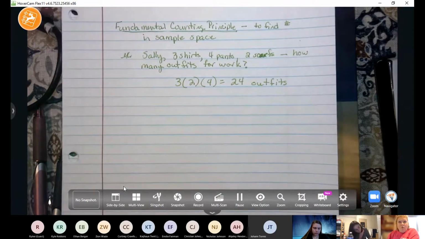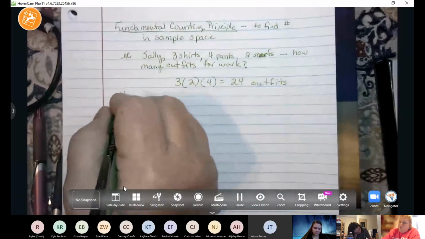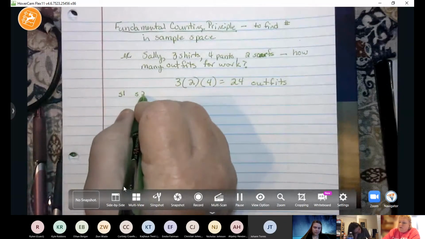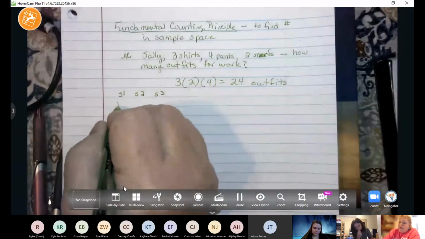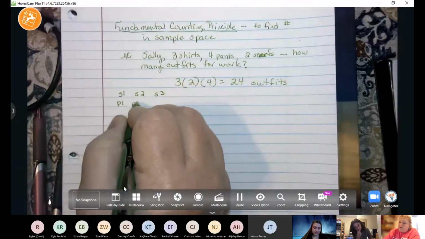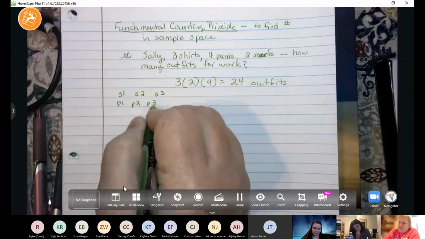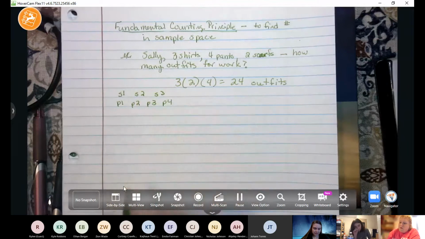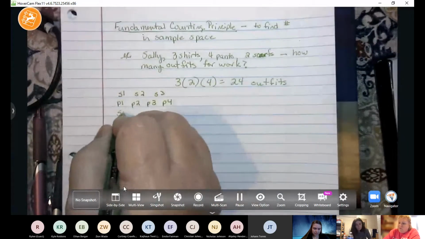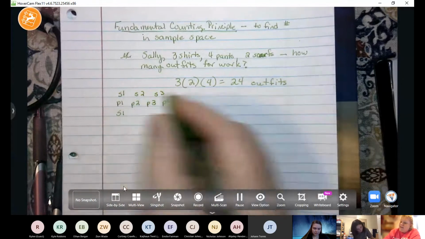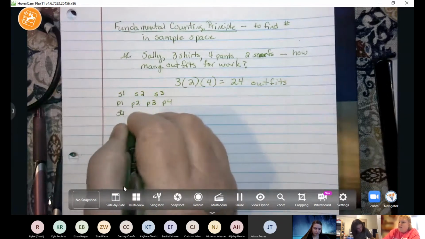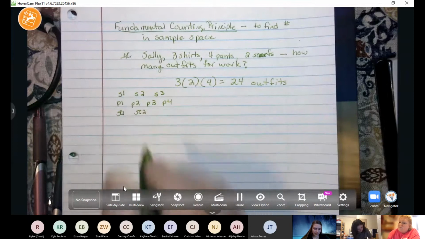If we wanted to know what specific outfits, we would have to have shirt 1, shirt 2, shirt 3. We would have to have pants 1, pants 2, pants 3, pants 4. We would have to have scarf 1. I'd have to label that something else, SC1, SC2.